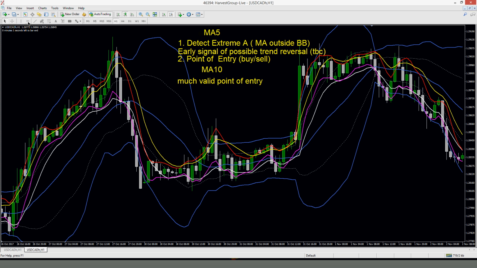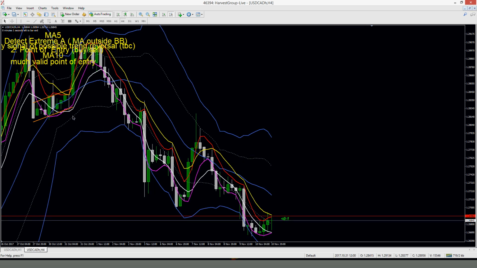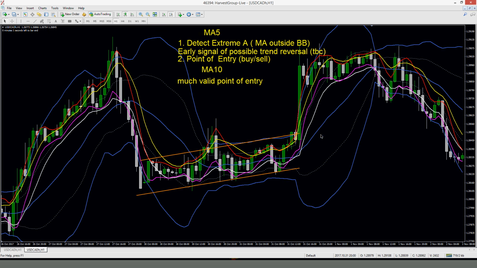As I explained earlier, this is a sideways Bollinger Band. So when you have a sideways Bollinger Band, you know that there is a re-entry on a higher time frame, such as over here. That is very important for you to understand.